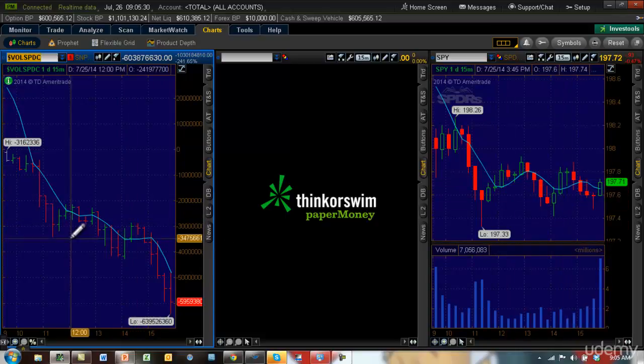Obviously not a whole lot, because you would want to see the up volume minus the down volume really come up, and it's way below the zero line. So it's already under a lot of pressure, and it has to overcome this pressure before it can even come to the zero line. So obviously it doesn't work out, and the S&P goes down for the rest of the day as well.